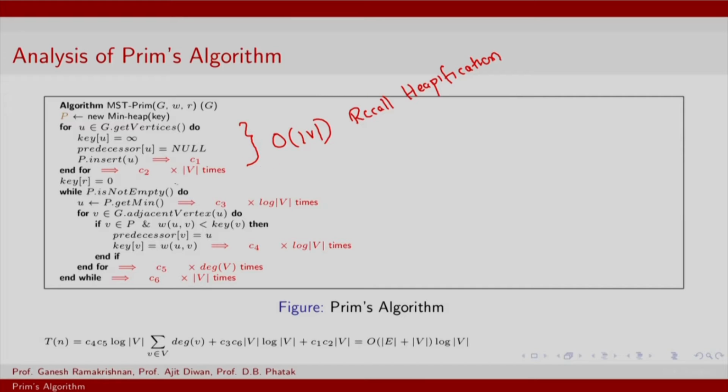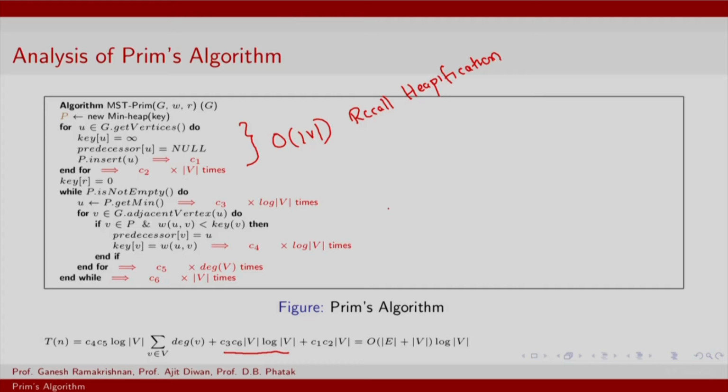So this is basically C1 times C2 times V. The next step is to find the smallest element in the min heap, and you need to keep doing this for as long as the heap does not get empty. So this will happen order V times, and every time you are going to do a C3 times log order V access into the min heap. So this gives you C3 times C6 times V times log V.